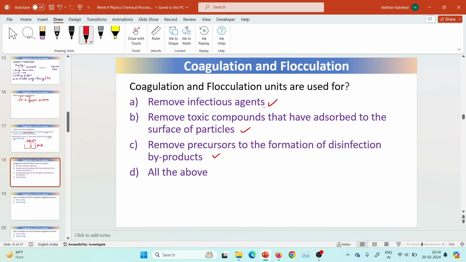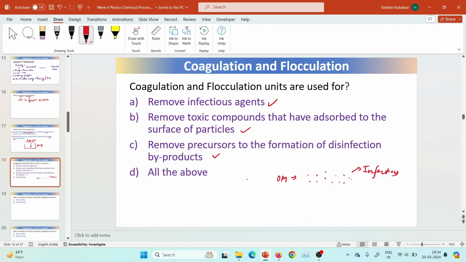Let me explain. When organic matter is present in the form of colloids, it can be infectious also. So we can remove it through coagulation and flocculation. And some colloidal particles can cause toxicity also, which we can also remove. And the third one is precursors to the formation of disinfection byproducts.